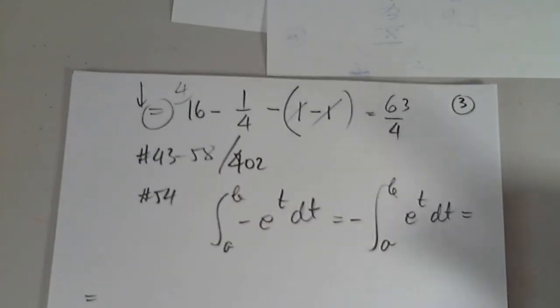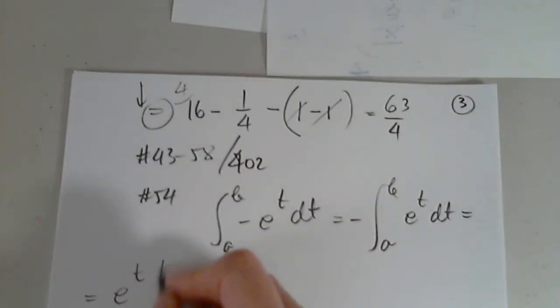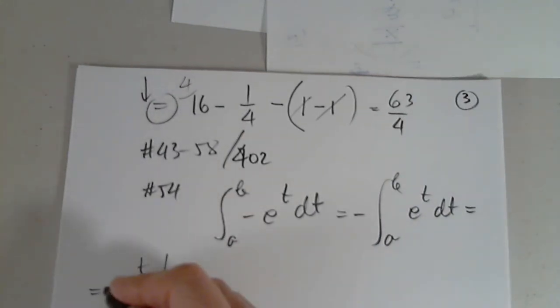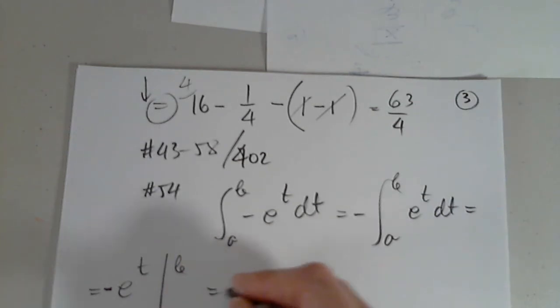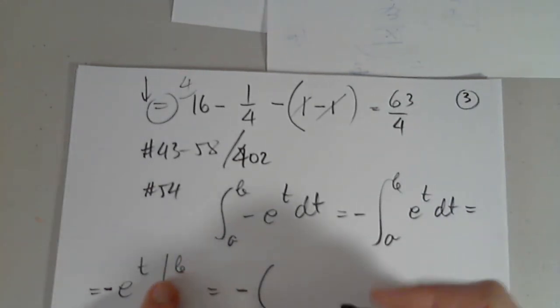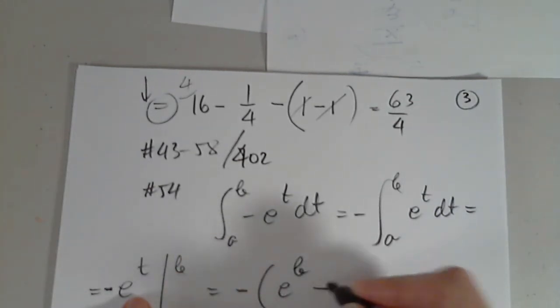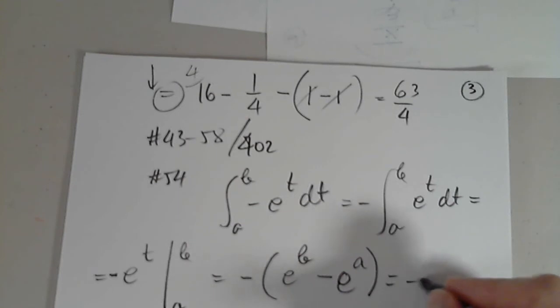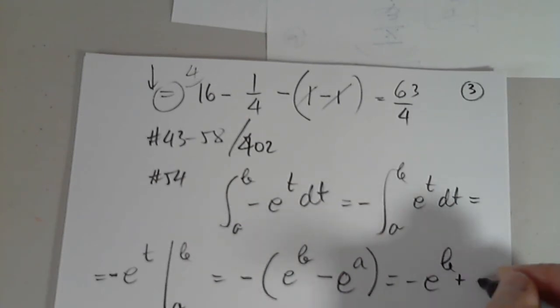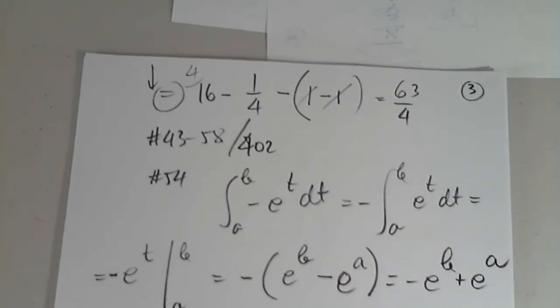Which function has derivative e to the t? Well, that's the nicest function, e to the t. Of course, minus in front, I have to copy it, from a to b. So I plug in b and I get e to the b, minus, when I plug in a, I get e to the a. Yes, you can distribute a negative sign now: negative e to the b plus e to the a.